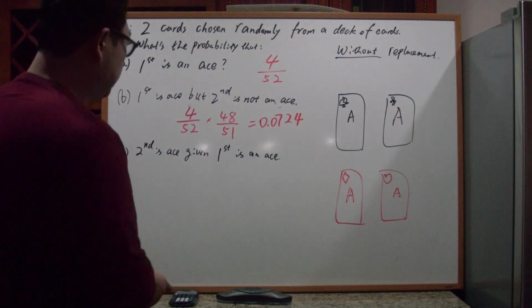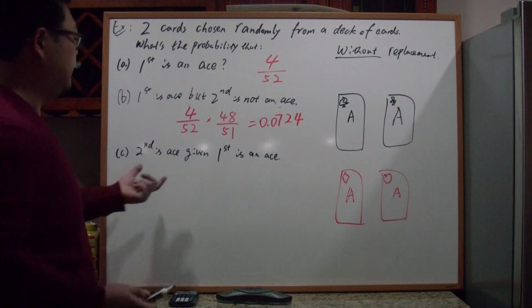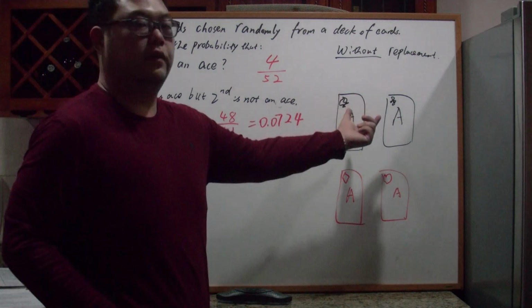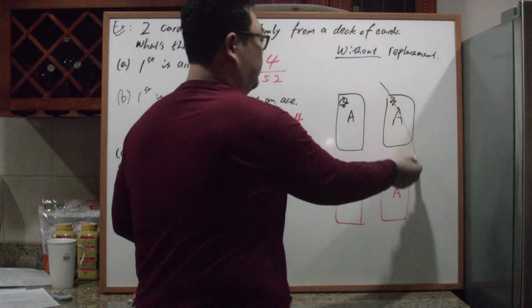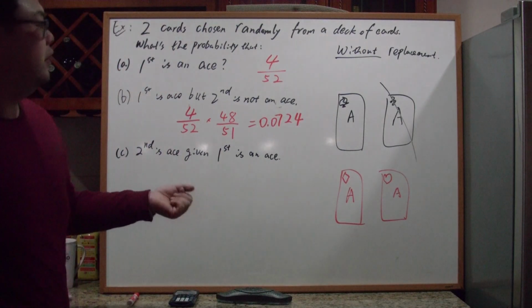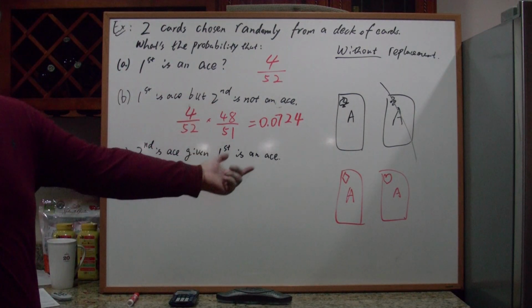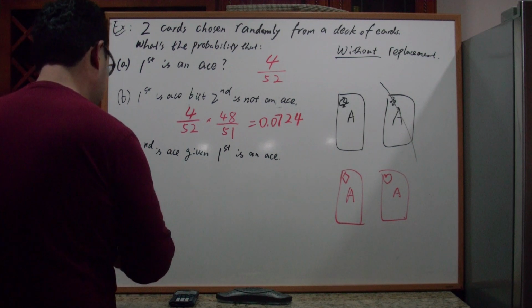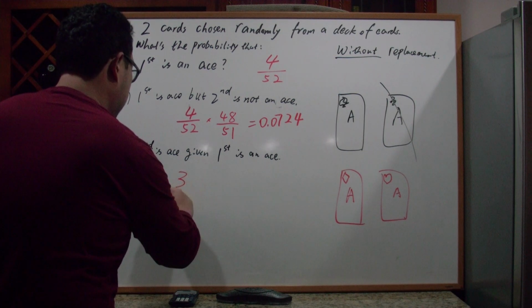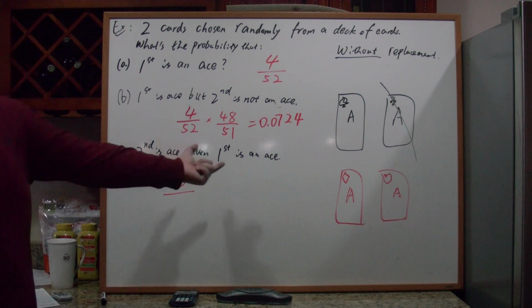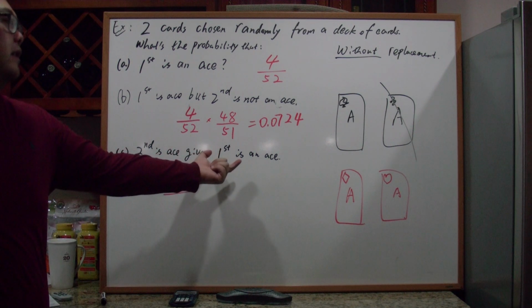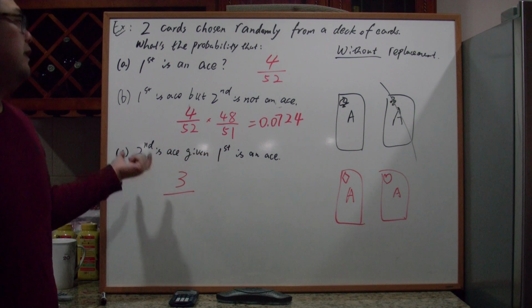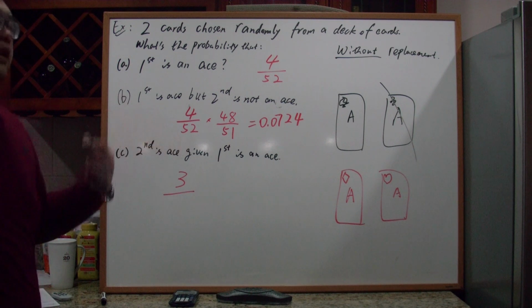Right, so now whichever is being selected, the first one is an ace already. Let's say one is selected out. Now, for the second to be an ace, there are only 3 cards possible. And we have 1 ace selected, and still there will be 51 cards in the deck.